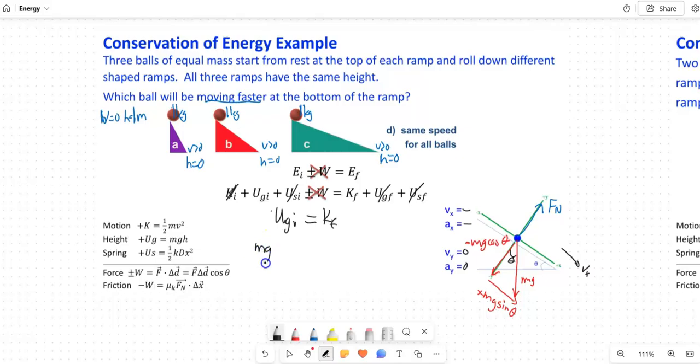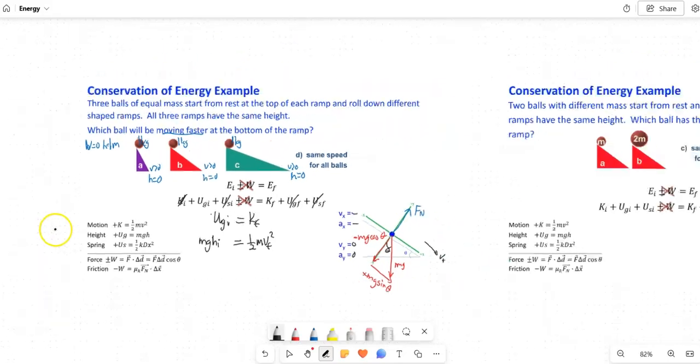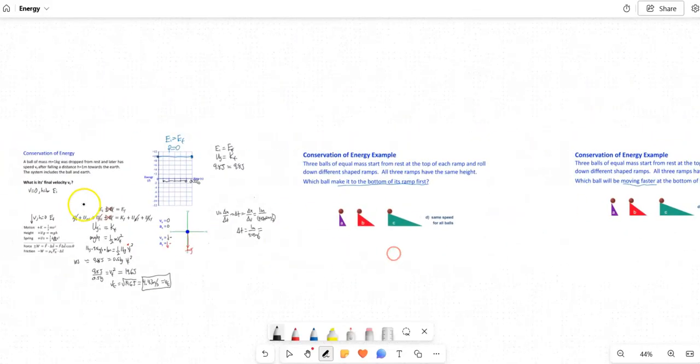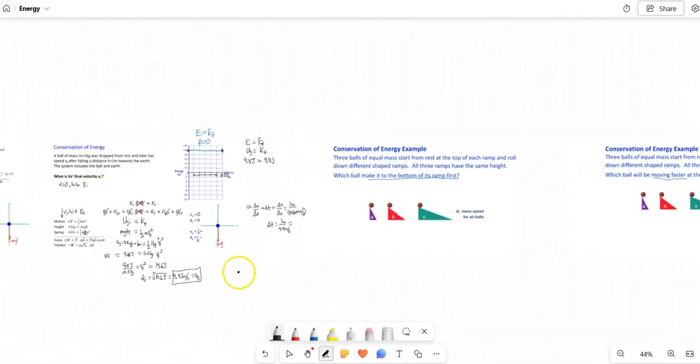So U sub gi is mgh, and the i gets tagged onto it. Everywhere you see a K, you put 1/2 mv squared, and the f gets tagged onto that. So this is actually, weirdly enough, the same problem that we did over here, as if we just dropped a ball from a height.